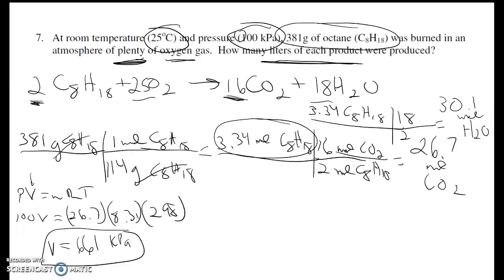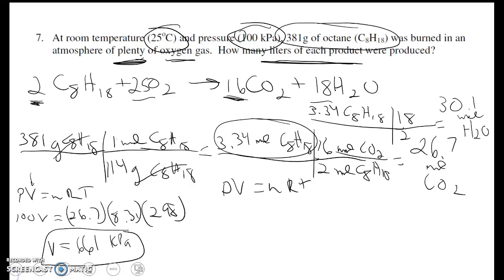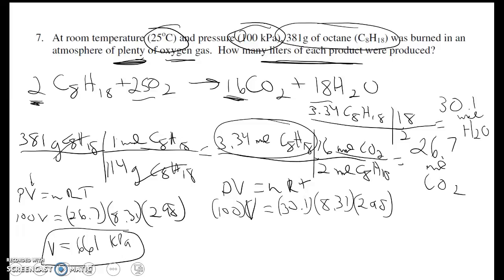And then we go back to ideal gas law. Conditions the same. Our conditions were 100 kPa times V equal to 30.1 moles of water. 8.31 is our constant. And our temperature is the same, 298. And then we just go ahead and solve away.